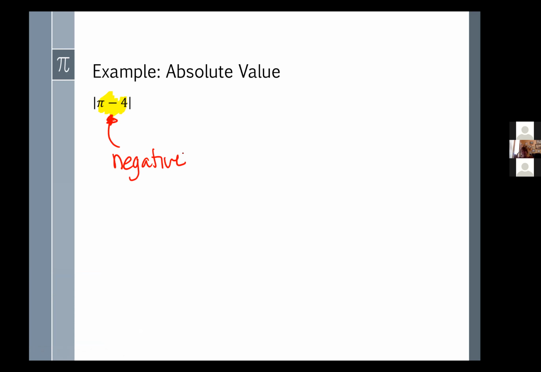So how do you find the absolute value of a negative number? You change its sign. And how do you change the sign of something? You put a negative in front of it.